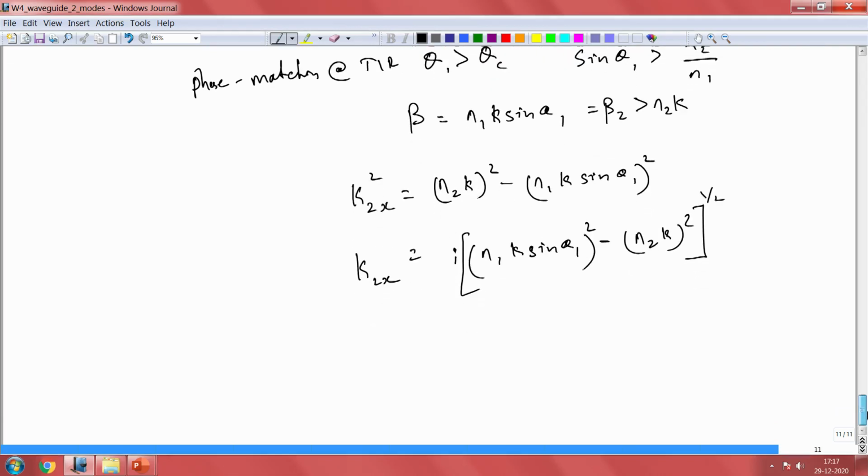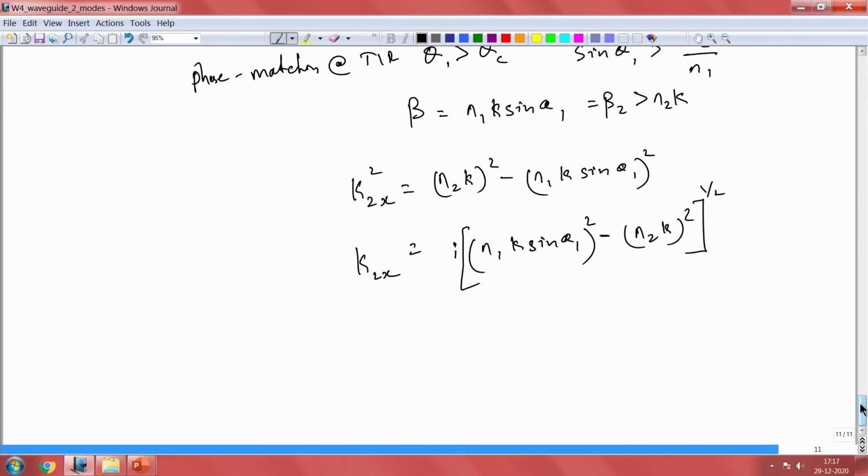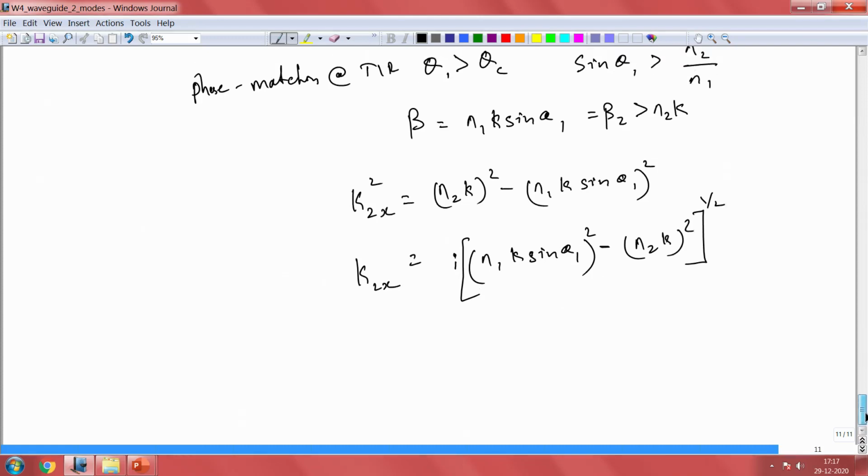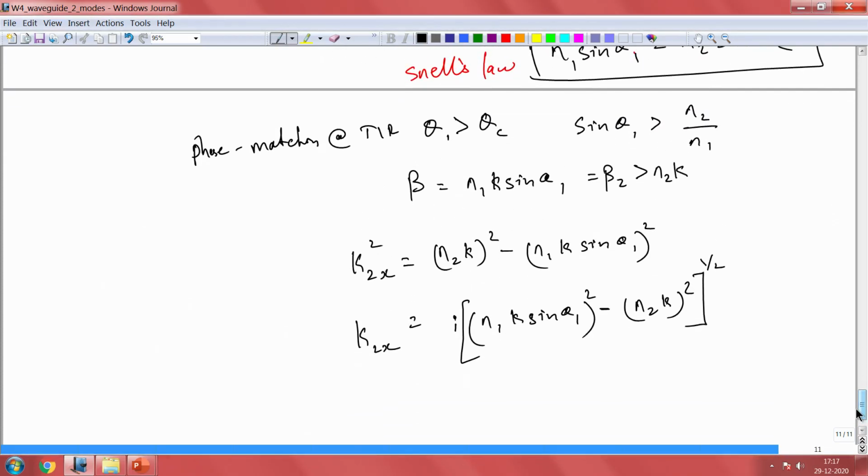So, now you can see that this k2x, the constant along the x direction, is imaginary now.